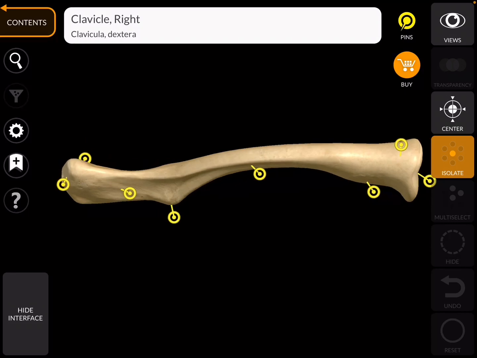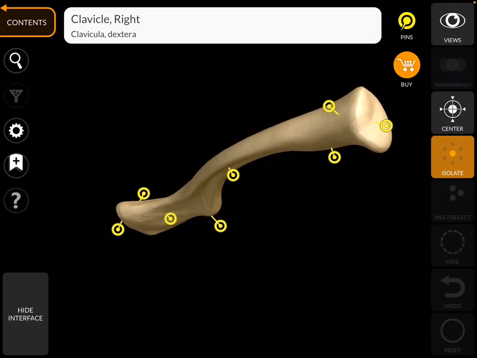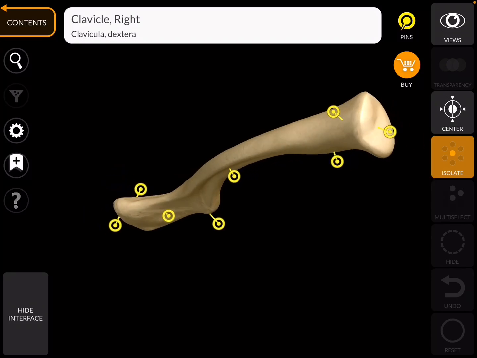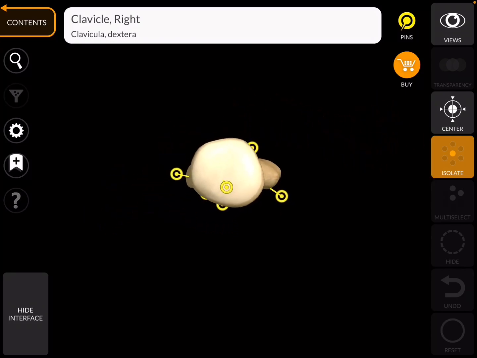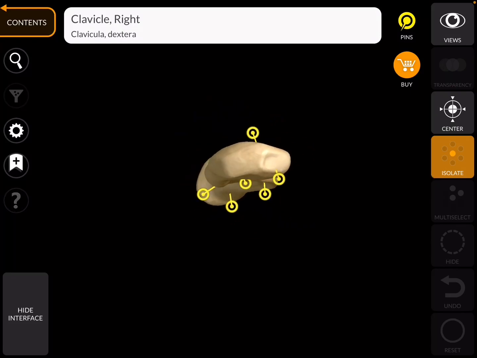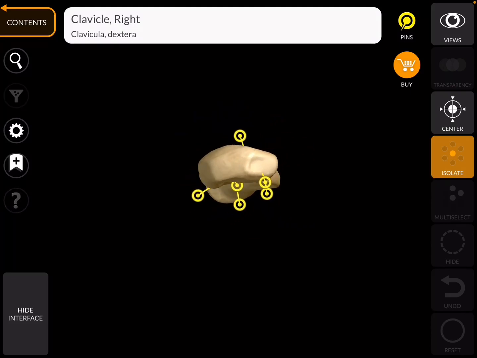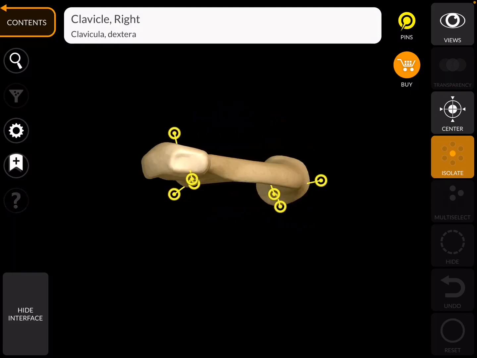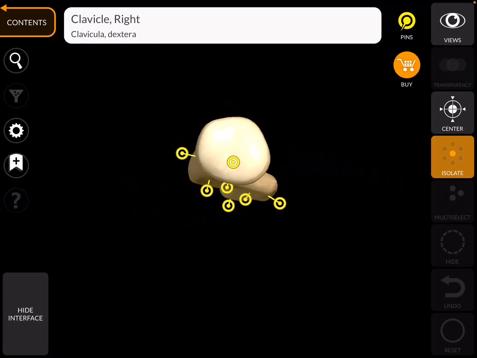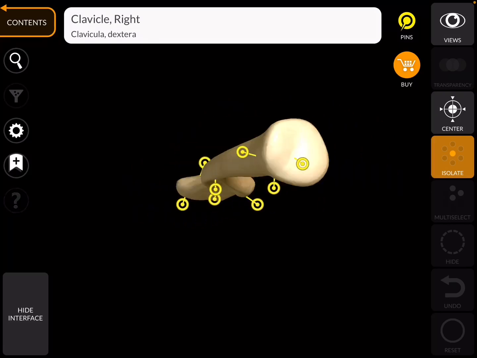Okay, so it has got size that we're going to talk about. First of all, it has got two ends. We have this end that we call the sternal end, which you are seeing on the screen right now. And if we go to the other side, if we tilt it, we have what we are calling the acromial end. The sternal end is enlarged and triangular.